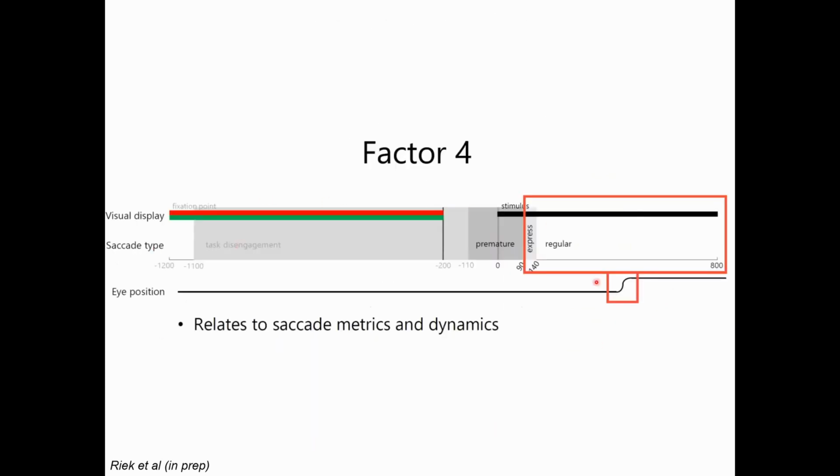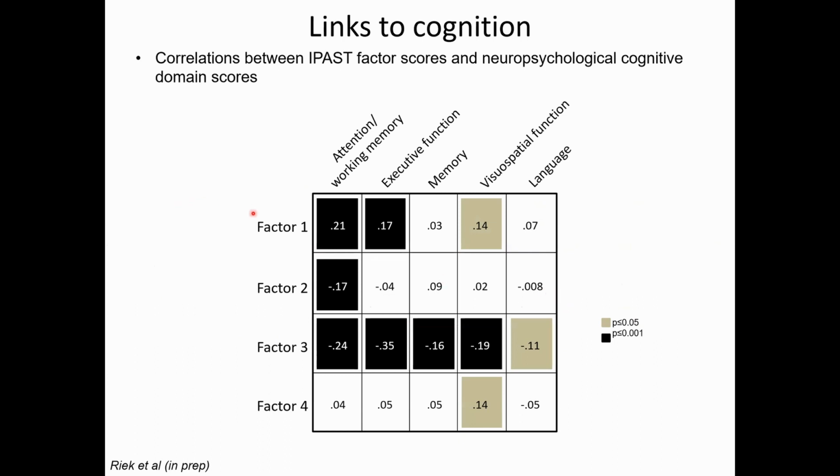So we were intrigued how these four factors segregated. And so we had the opportunity to then try to correlate these four factors with the main neuropsychological cognitive domain scores that we could extract from those hours of neuropsych testing.